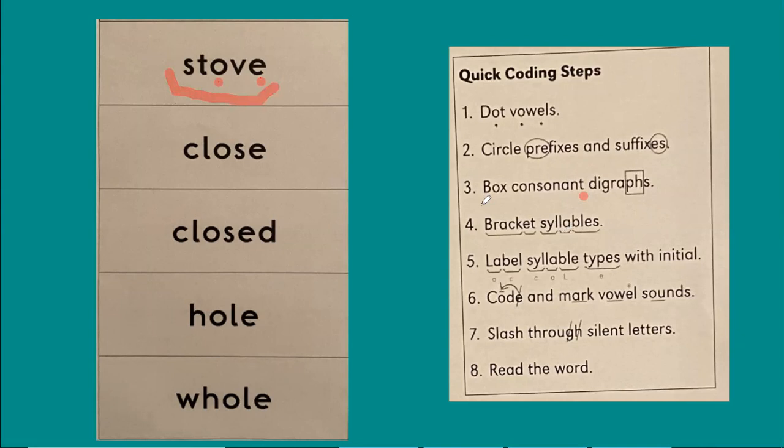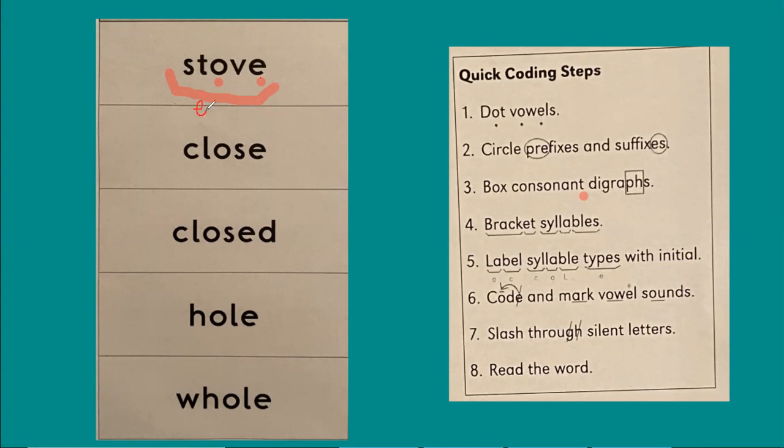And the next thing is to label syllable types with the initial, so label it underneath the bracket. We have been working with our magic E patterns. So we have the long O, consonant, and the magic E. So that is going to be a magic E syllable. So we put the letter E underneath of it.